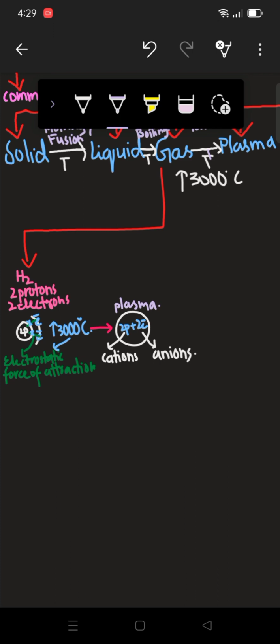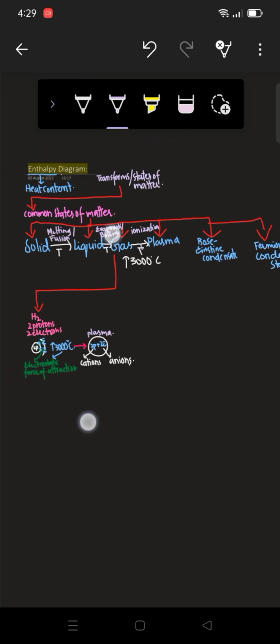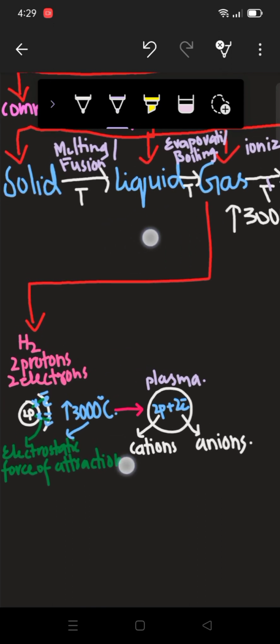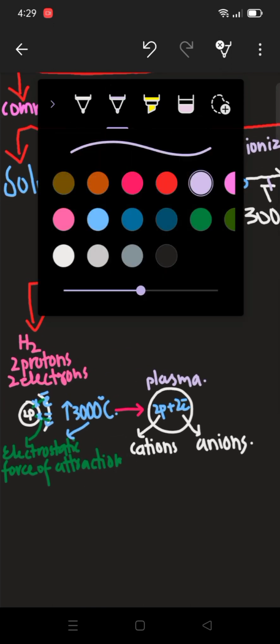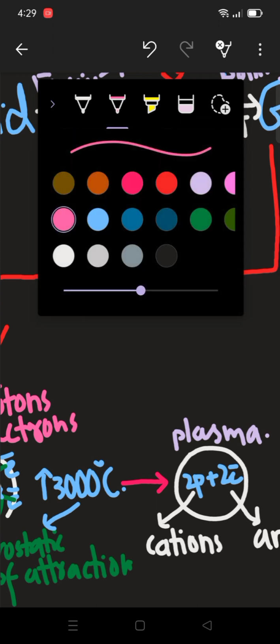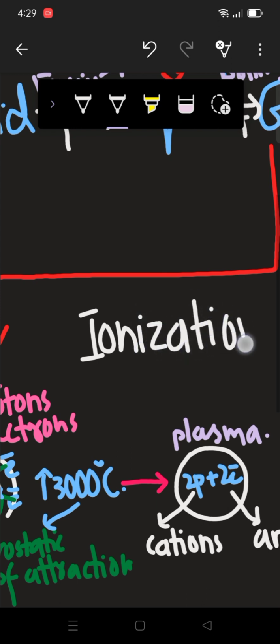Thus we have cations and anions, and in the last the plasma has been produced. Alright, so this was the process of ionization.